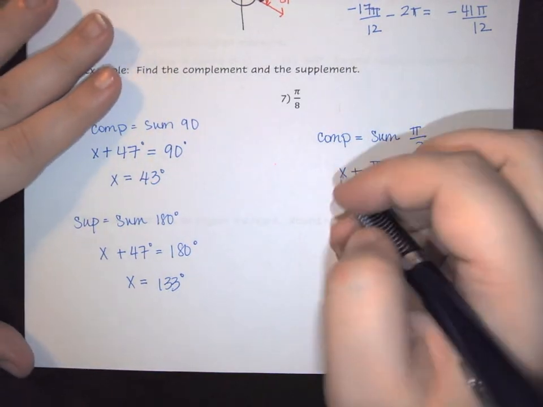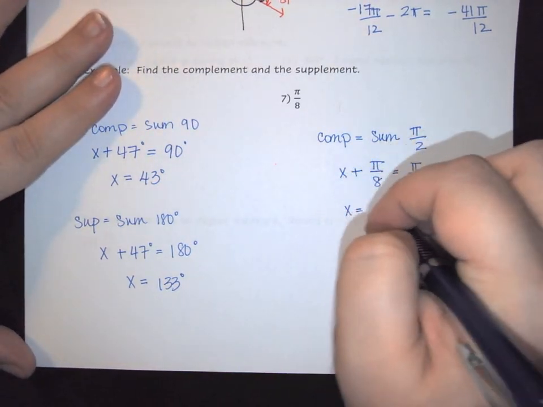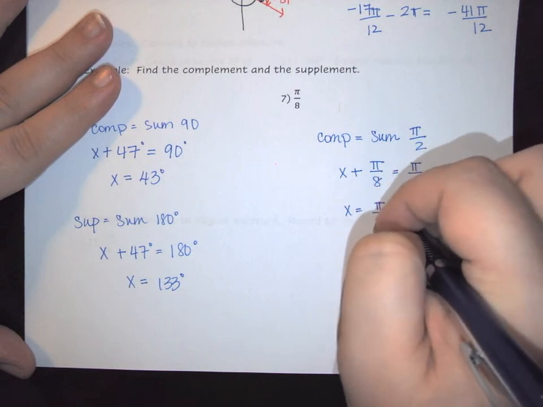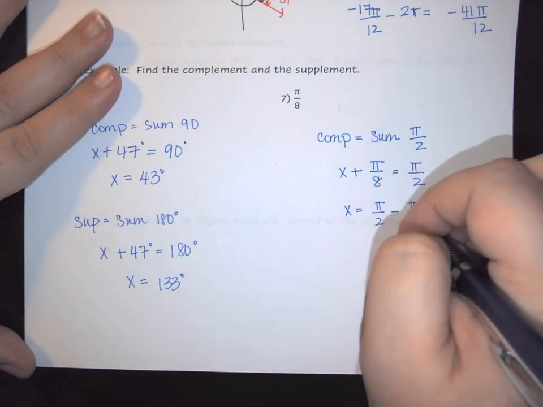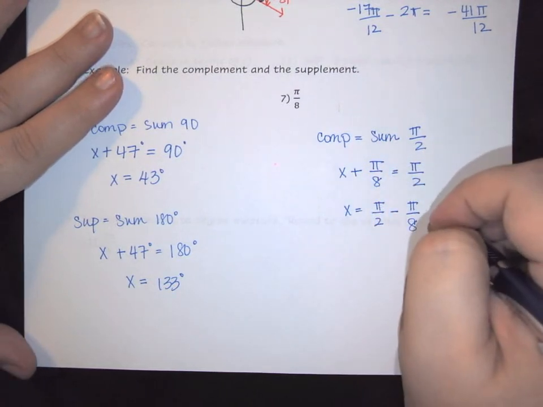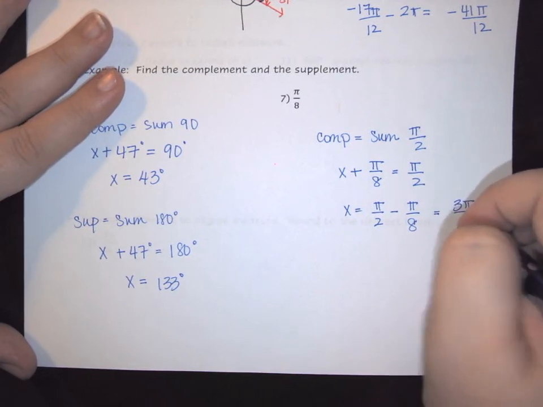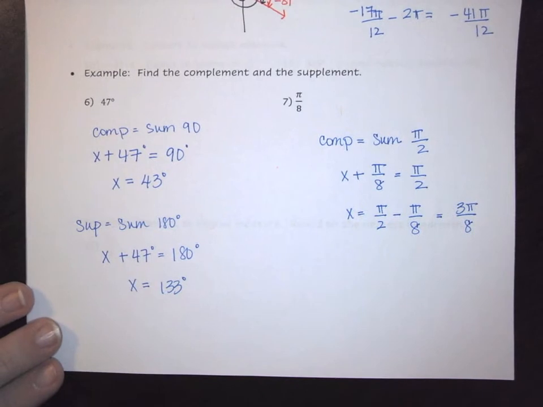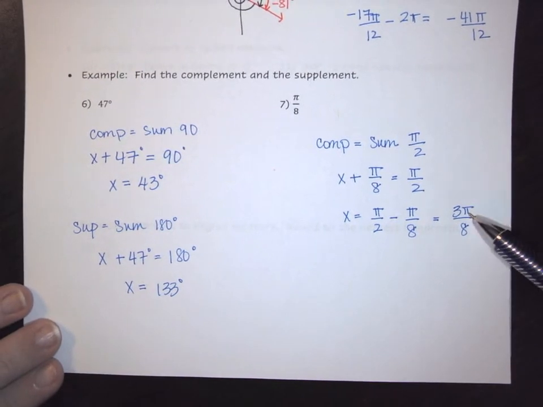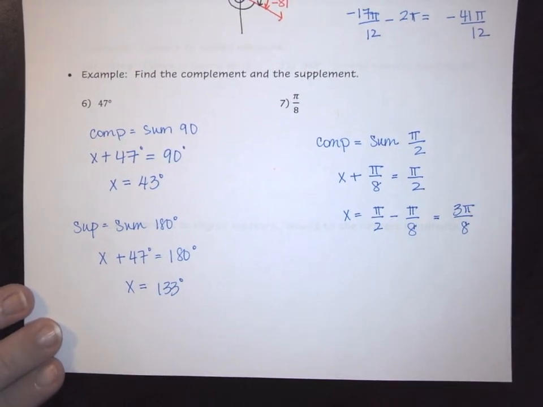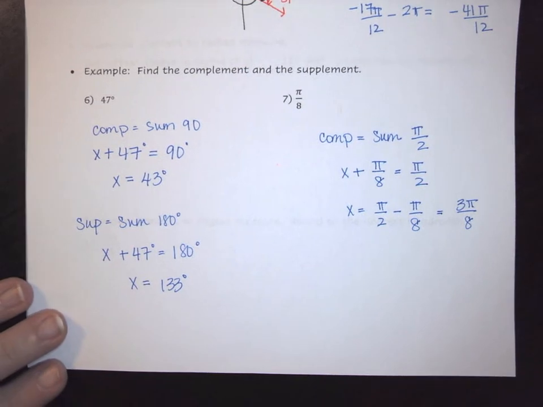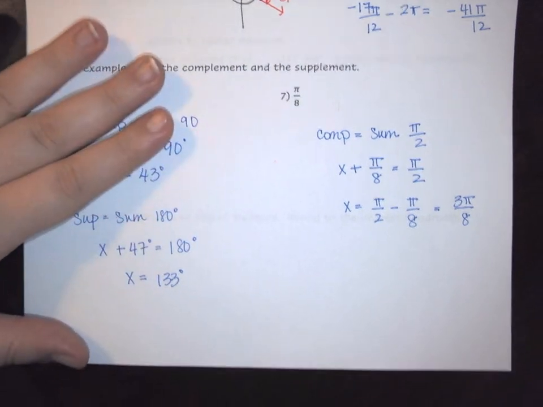Okay? So in this case, what we would get is pi over 2 minus the pi over 8, and in this case, you'll come out with 3 pi over 8. My biggest advice here is to leave it in terms of pi, otherwise you're working with a bunch of decimals and that tends to make things messy.